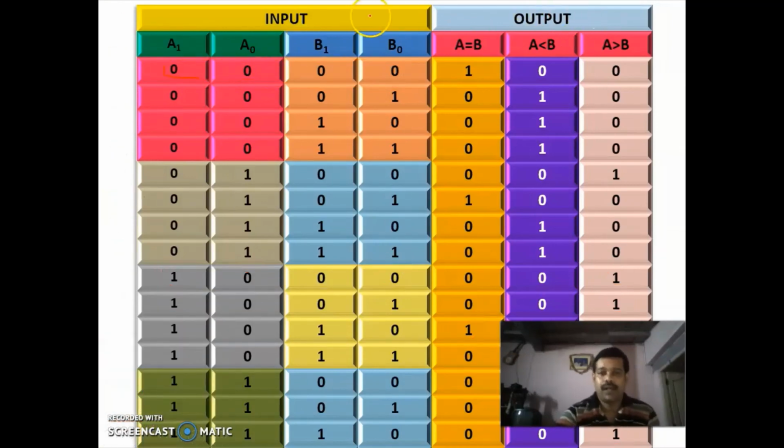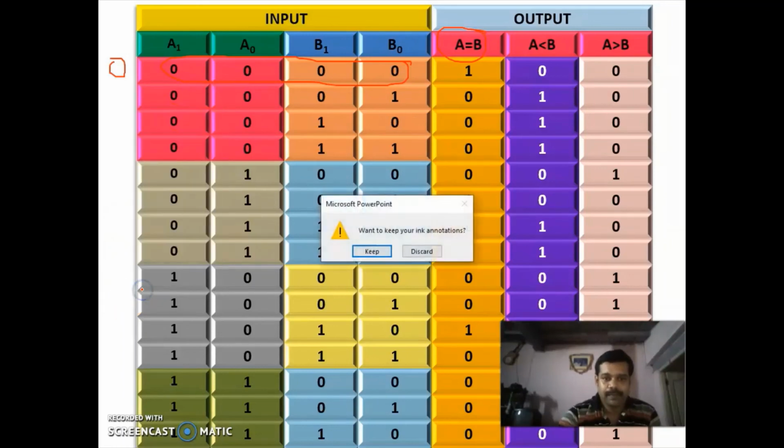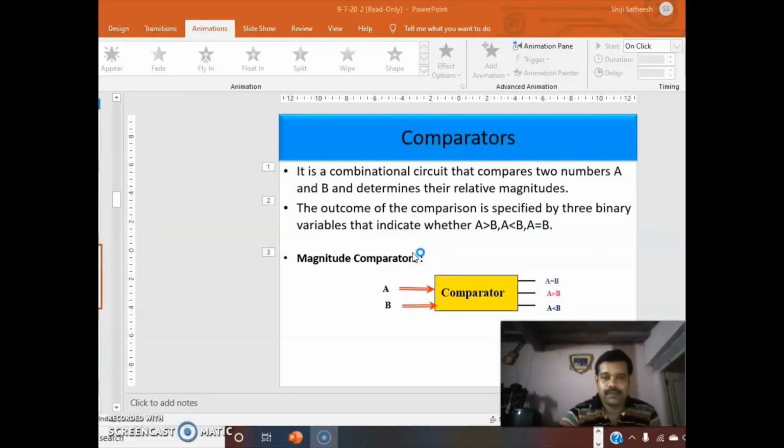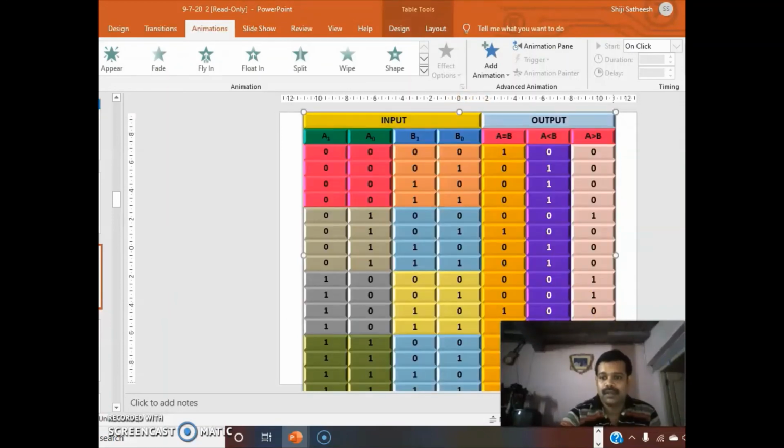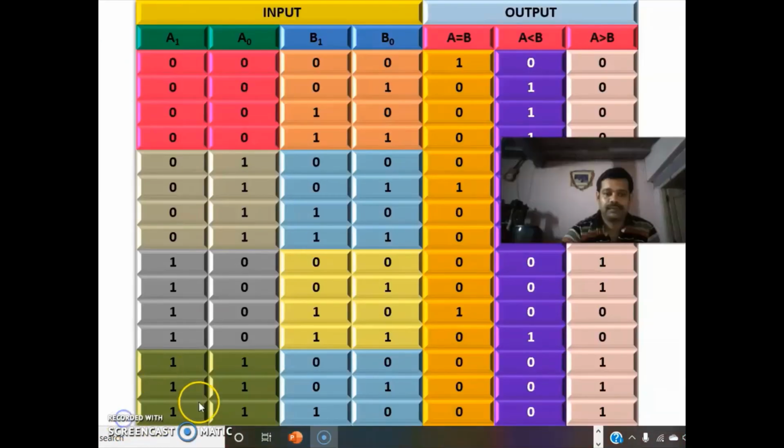Okay, then for A equal to B, you are having one for 0 0 0 0, which is 0.